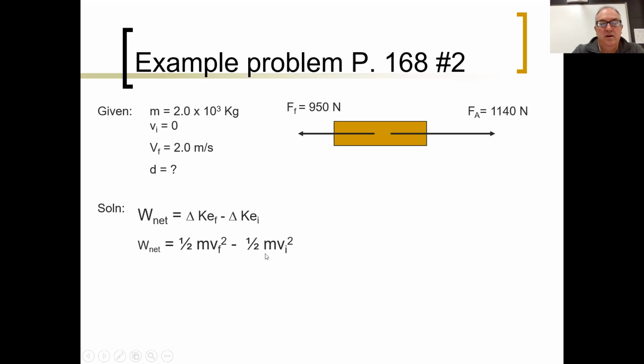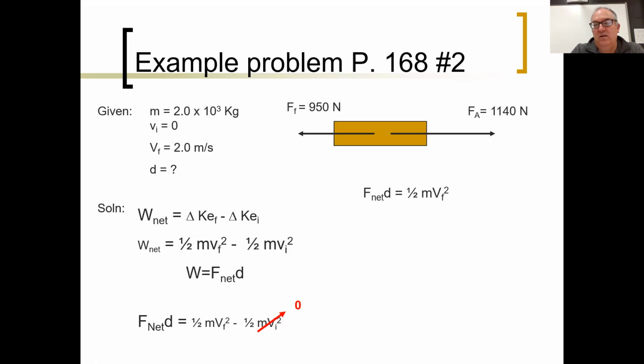So let's get rid of half of that problem right away. After I substitute in that my work is equal to force times distance, I've cut away half of it right away. So now my equation is just this, and it's been simplified.